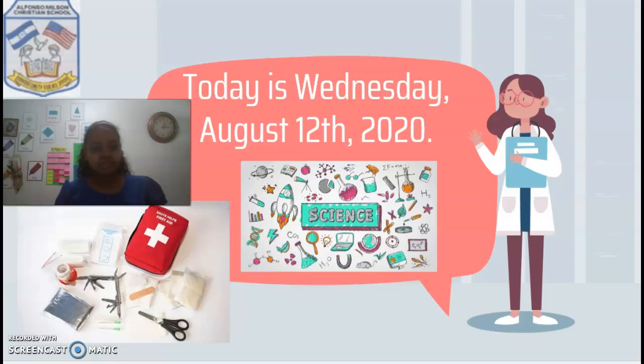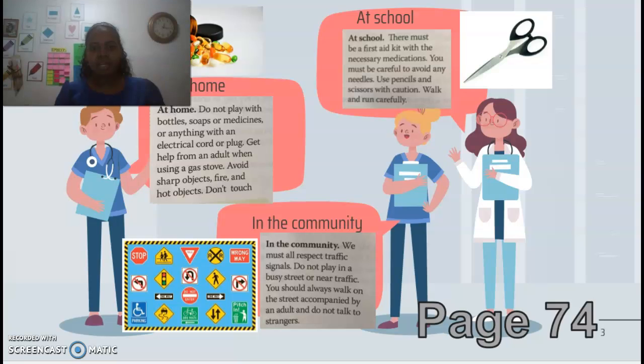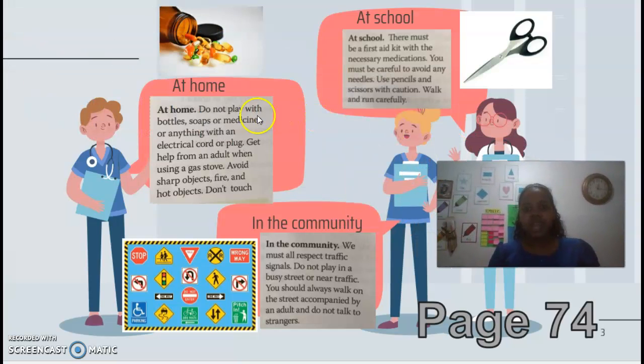So yesterday, we were talking about the places where accidents can happen, for example, at home, at school, or in the community, and also on the street.